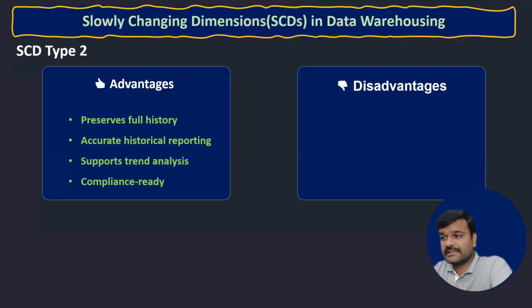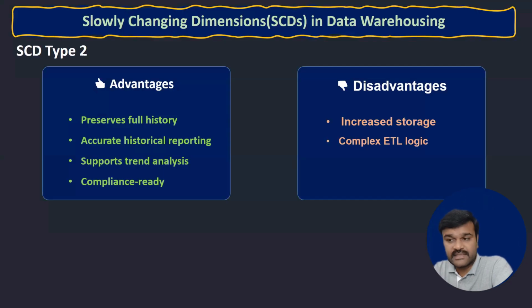Then the disadvantages. The very first thing that comes to mind is that whenever a change happens, even for a small change, it is going to insert a new record. So the size of the database is going to increase. That's a very simple thing. And then complex ETL logic we need to write: merge statements or update and insert using surrogate keys, all these things.